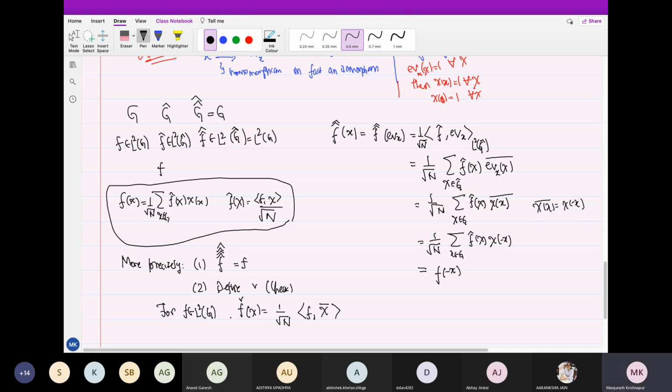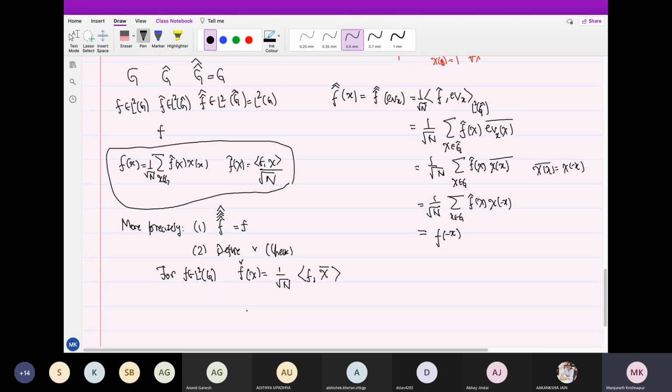So if you define f check like this, then, chi bar times chi. So f hat of chi was f inner product chi. So I think f check of chi is f inner product chi bar. It's an inner product.